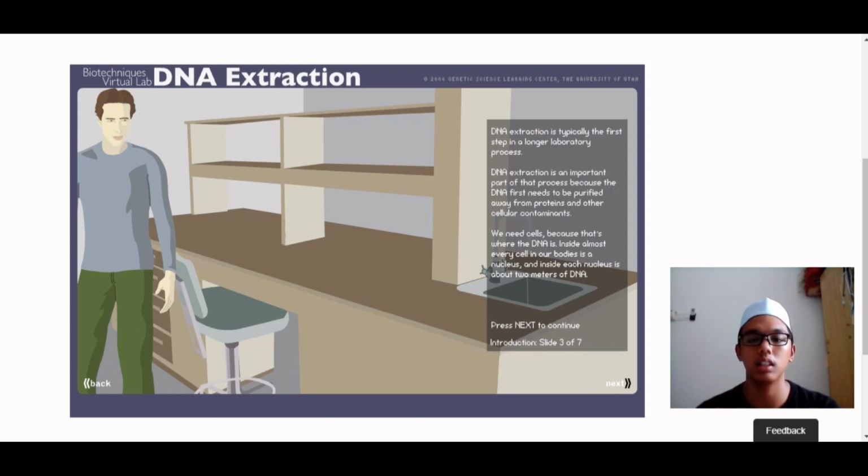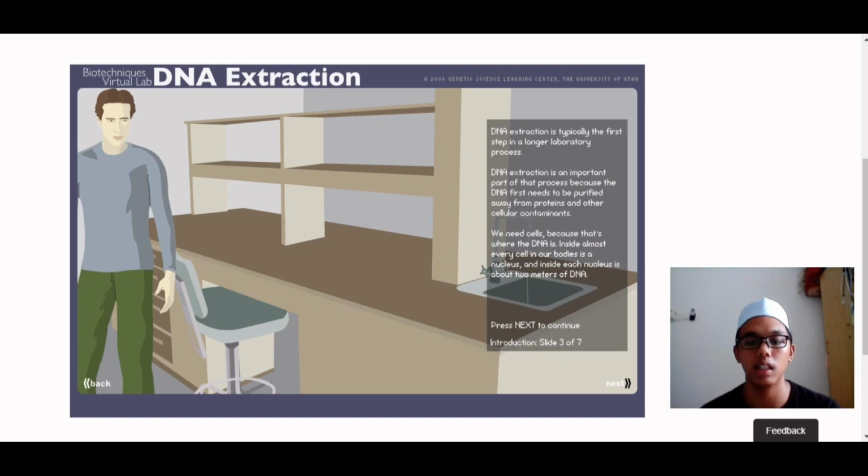DNA extraction is typically the first step in a longer laboratory process. It is an important part of that process because the DNA first needs to be purified away from proteins and other cellular contaminants. We need cells because that is where the DNA is.